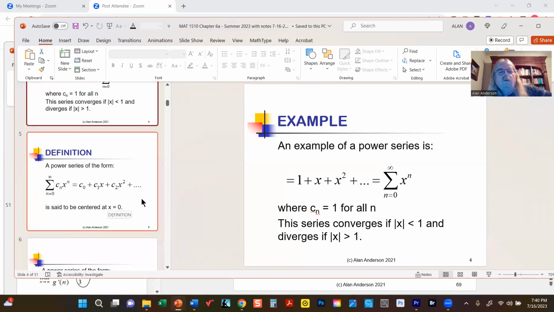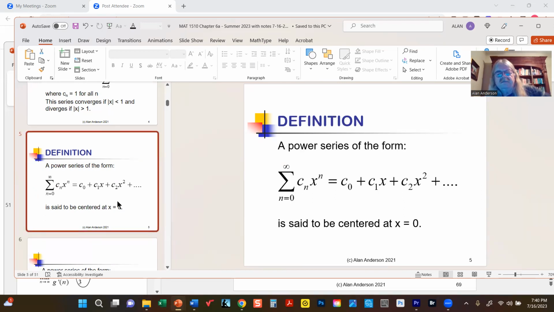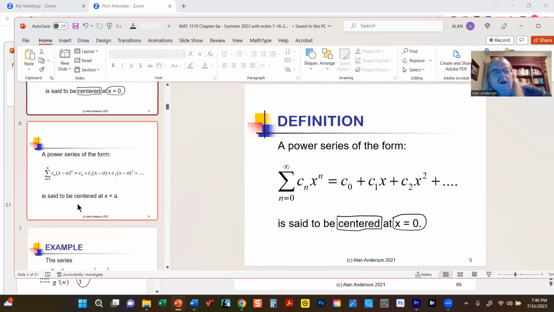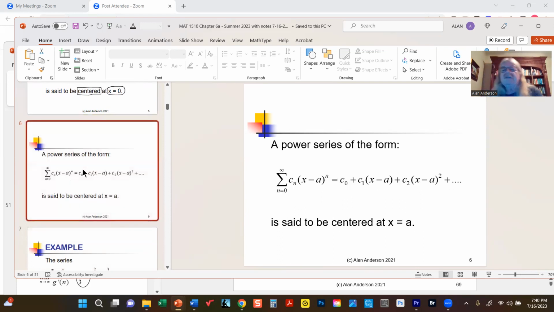Now, when we have a form like this, there's a way we can write this in a more general form. We say that this series is centered at x equals 0. You'll see what that means in a minute. In order to explain that, we have to see what it means to be centered somewhere else. If the series is centered at a, for example, that means each of these x's is being replaced with x minus a, as you can see.